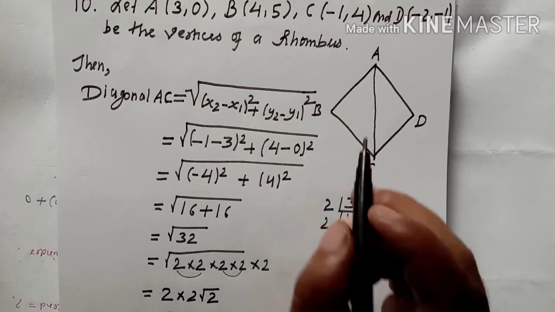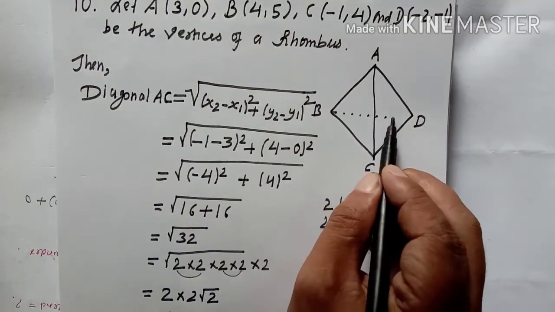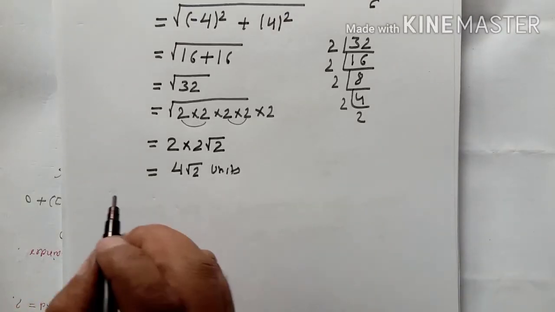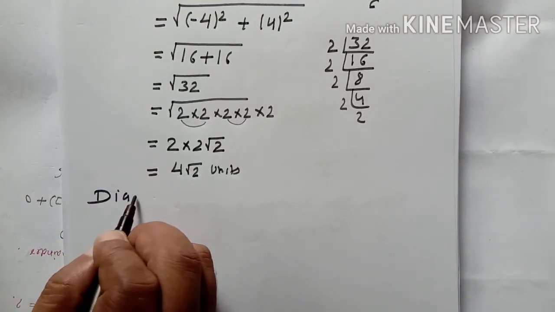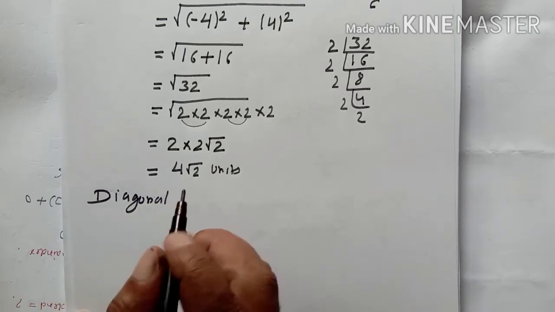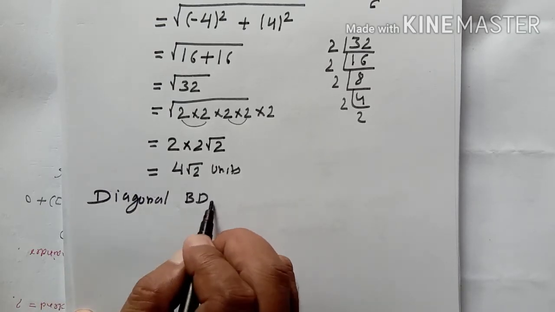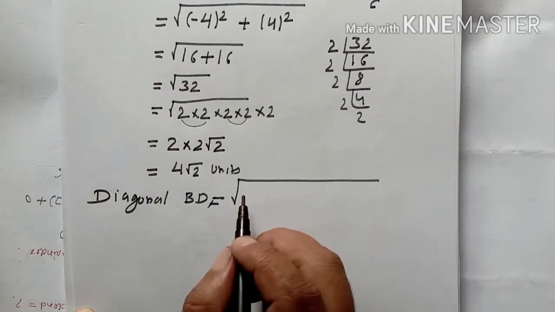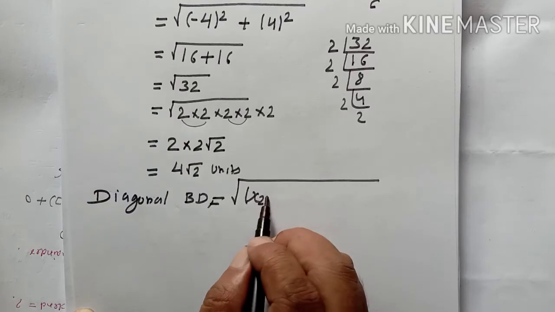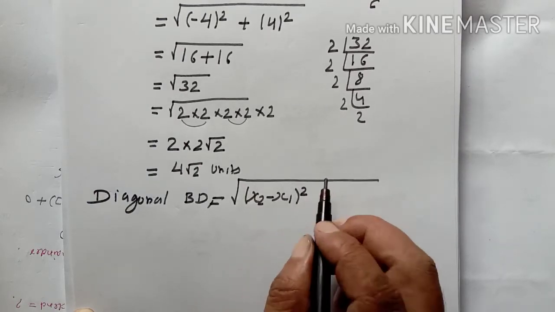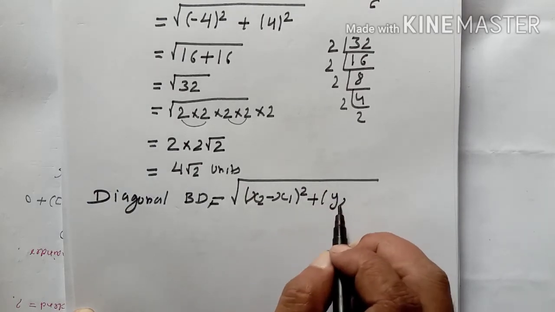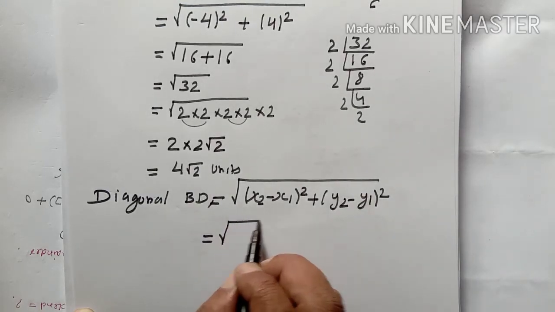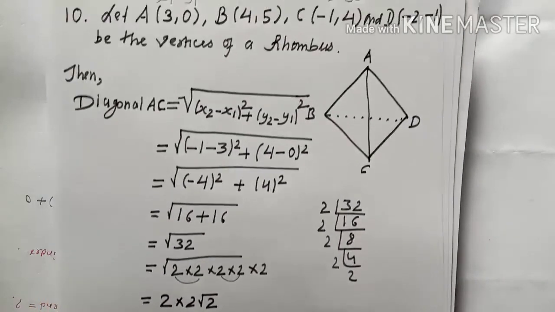Again we need to find the diagonal BD, which is also known as the distance BD. Now take the formula. Diagonal BD is given by the distance formula: the square root of (x2 minus x1) the whole square plus (y2 minus y1) the whole square. Now look at the coordinates.